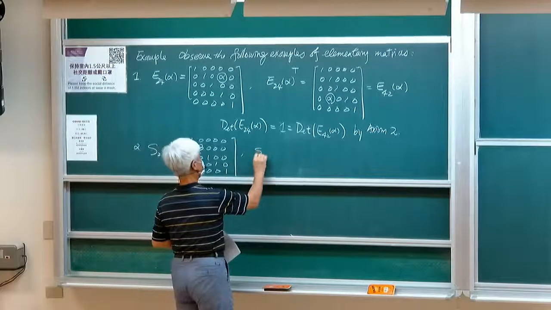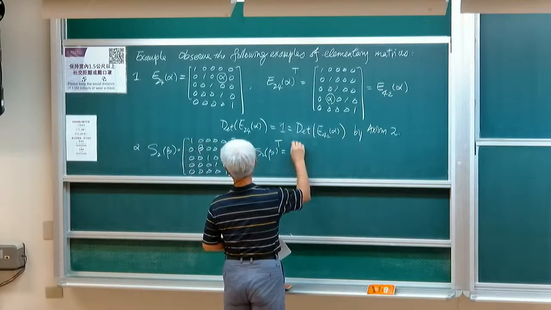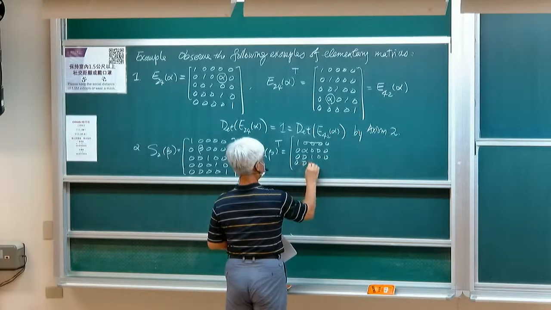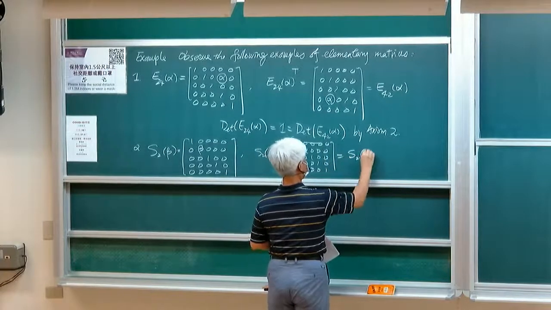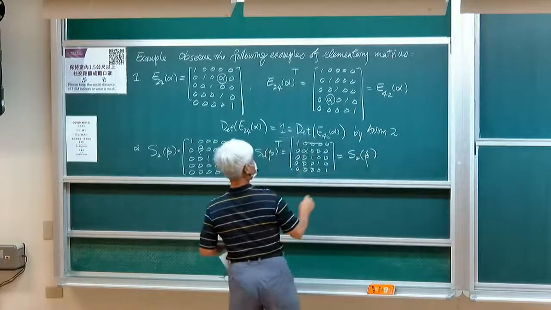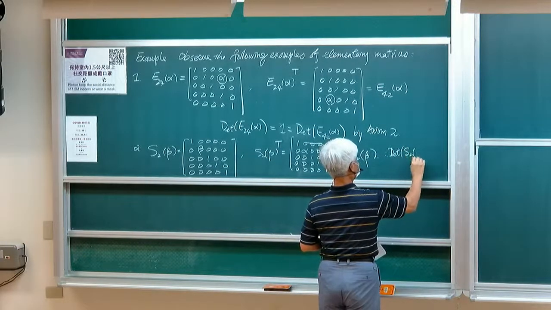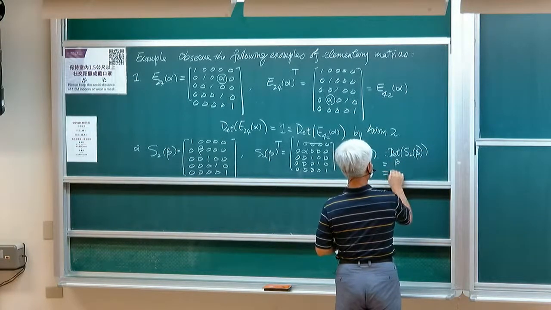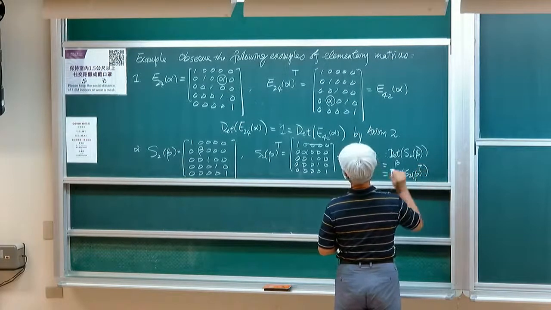And its transpose would be the same as S2 beta, so that the determinant of S2 beta is equal to beta, which is equal to the determinant of S2 beta transpose.